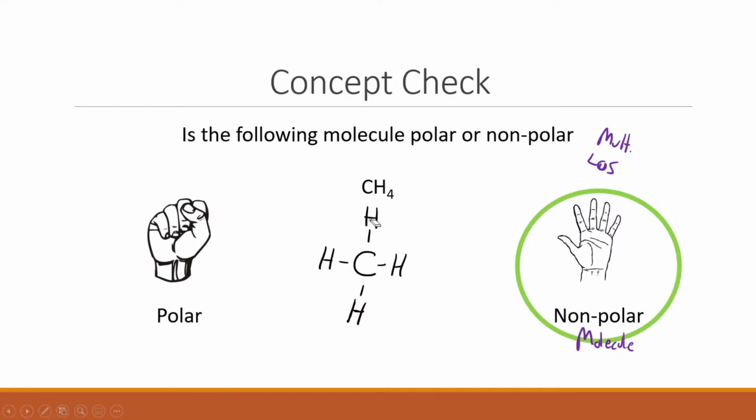Right now, we're asking about the molecule. Is the molecule polar or nonpolar? Which means we're looking for lines of symmetry. Can I draw multiple lines of symmetry within this molecule? If it's yes, then it is a nonpolar molecule. If the answer is no, if there is only 1, or if there is 0 lines of symmetry, it is a polar molecule.